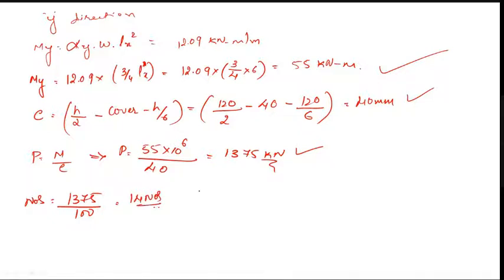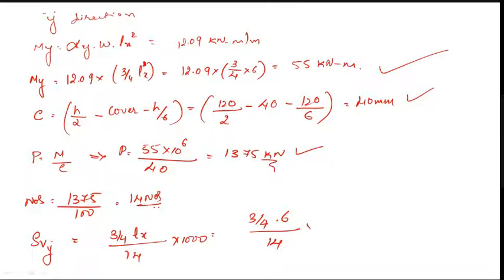Okay. Then after getting the number of cables, what we have done? Spacing in the y direction, that is 3/4 of Lx divided by 14, multiplied by 1000. 3/4 of Lx value, it is 6, number of cables 14, into 1000.